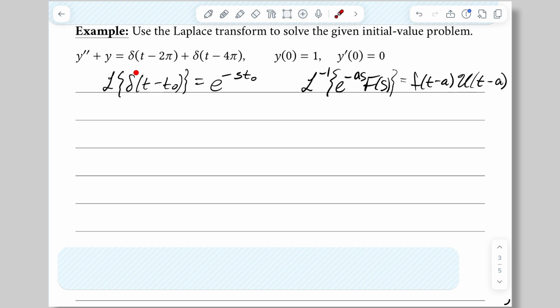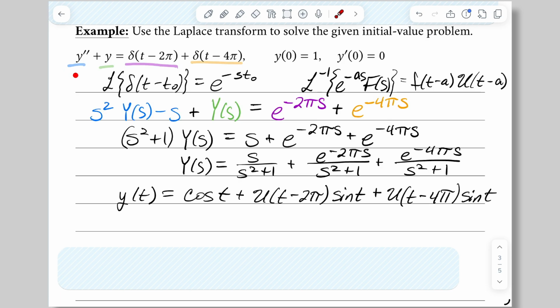So the delta function gives us an e to the negative s with a number. But the inverse transform of an e to the negative as is going to be the unit step function. This should make sense because the delta function was originally defined in terms of the unit step function. With these two facts in mind, the transform and the inverse transform, I'd like for you to solve this initial value problem.